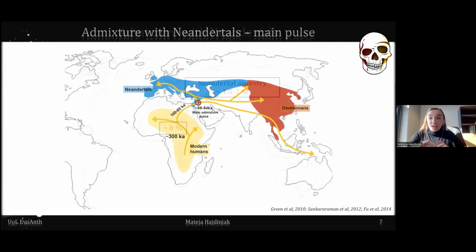And based on the size of the segments of Neanderthal DNA and their distribution, found both in present-day as well as ancient human genomes, it was determined that this main pulse of Neanderthal introgression, or the main pulse of Neanderthal ancestry coming into all present-day non-Africans, happened somewhere between 54 and 58,000 years ago, and most likely in the Near East, so before all of these groups of humans split from each other and spread across the world.